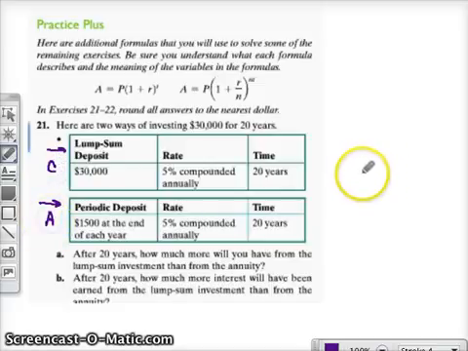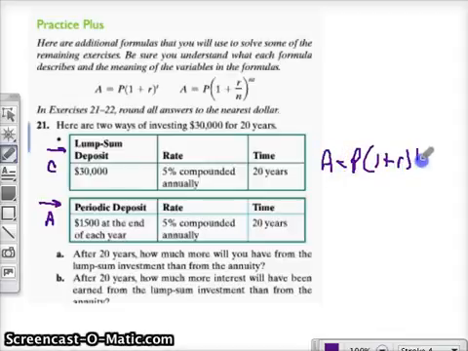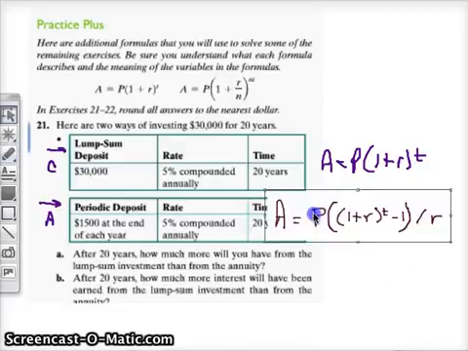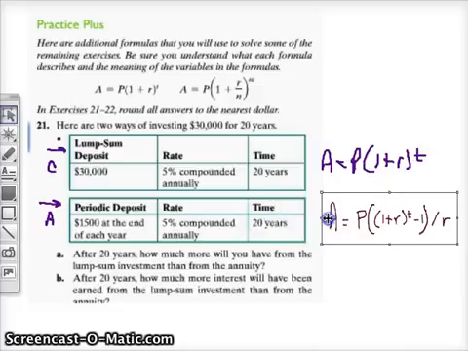So I'd like you to do this problem and then answer the questions below. For the first one you're going to use A equals P times (1 plus r) to the t, and in the second you're going to use our favorite formula. You're going to plug that in and compare those two answers. I hope that helps you out.